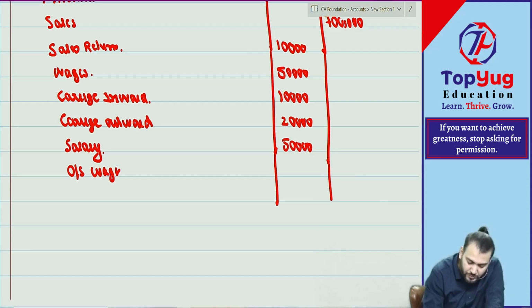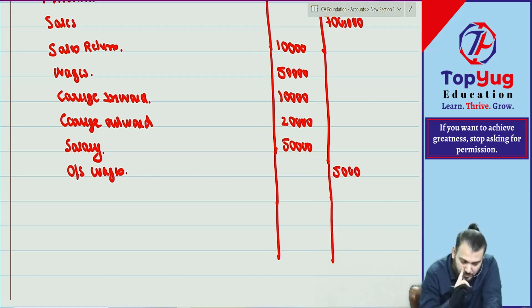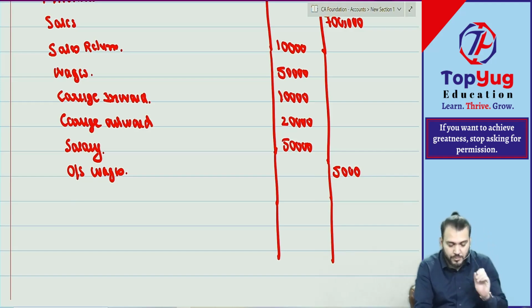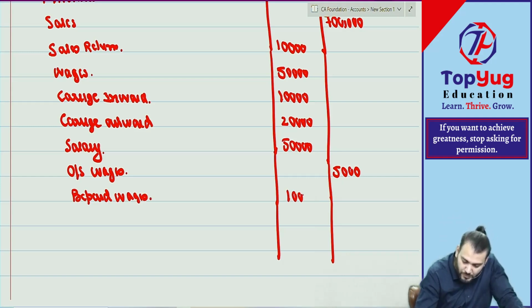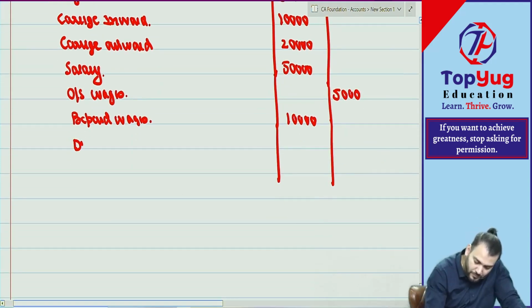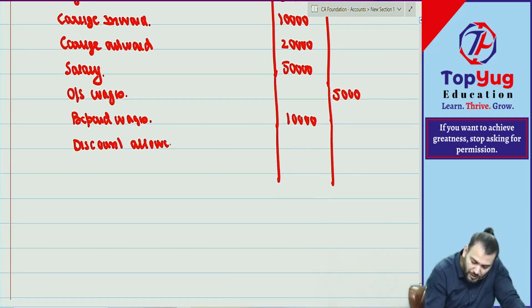Outstanding wages 5,000, prepaid wages 10,000, discount allowed 2,000.